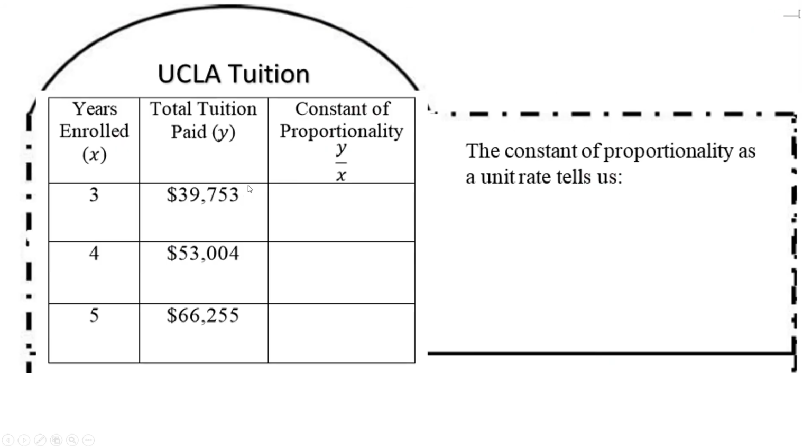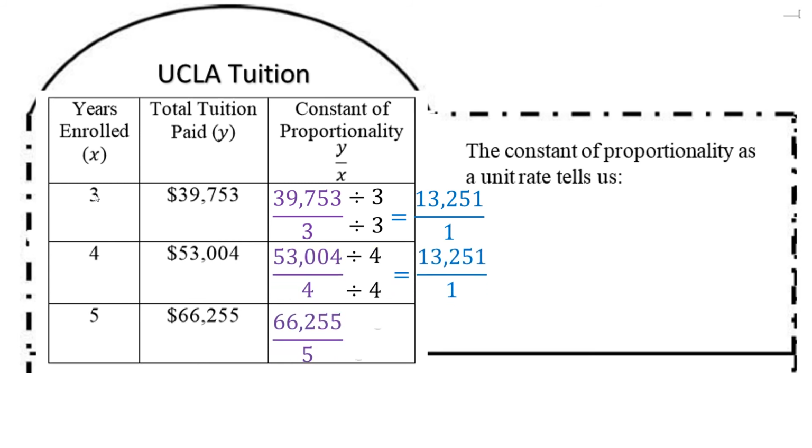Okay, so on this example, we have it's $39,753 for 3 years. So we're going to divide our y over x and get $13,251 per one. So if we do the same for all these values, we should get the same thing because it's proportional, which it is.